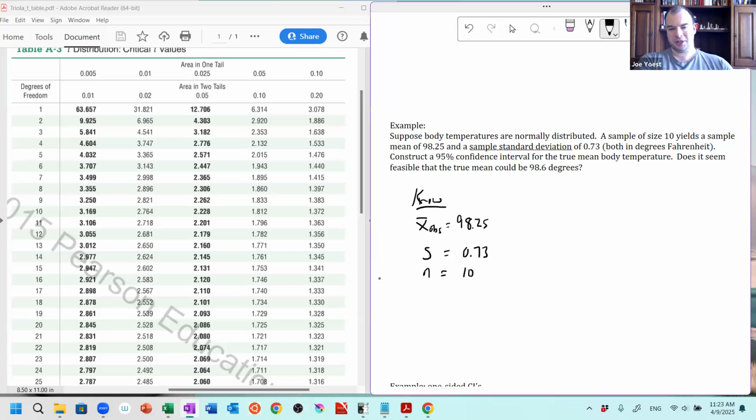We want to construct a 95% confidence interval for the true mean body temperature. This, of course, tells us that alpha is 5% and alpha over 2 is 0.025.